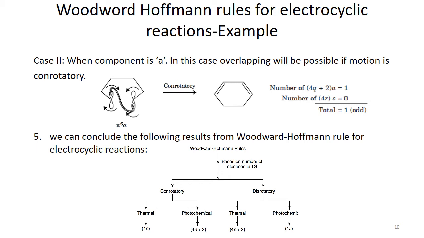Normally we decide according to antarafacial or suprafacial in the case of cycloaddition, but in electrocyclic reactions, because there is no proper antarafacial or suprafacial interaction, we say that 4n plus 2 shall be disrotation in the thermal mode, and conrotation is used in the thermal mode for a 4n pi electron system. These are the general rules according to Woodward and Hoffmann.